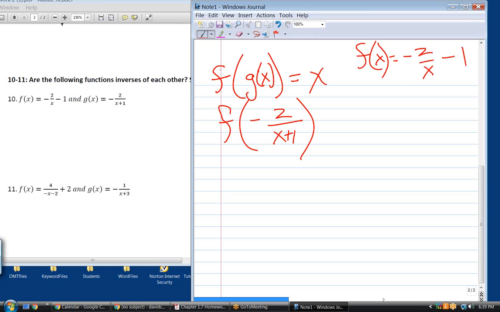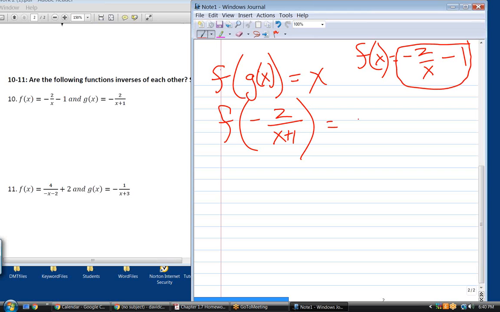So, what's our f of g of x going to come out to be? In other words, what is f of minus 2 over x plus 1 equal in this case? That would equal. Go into that function, wherever you see x, plug in what's in the parentheses.